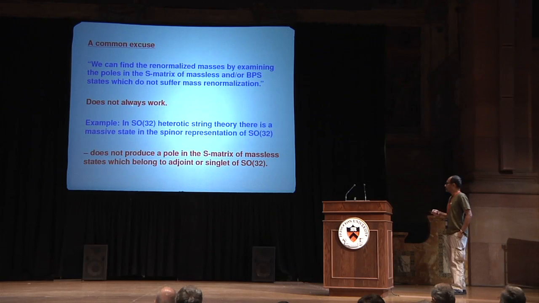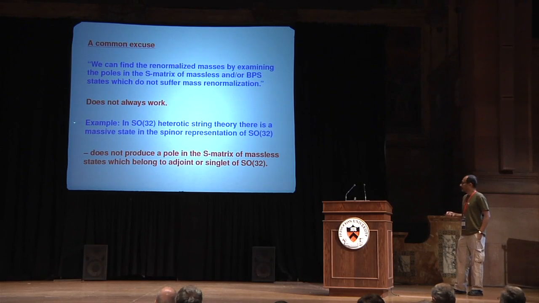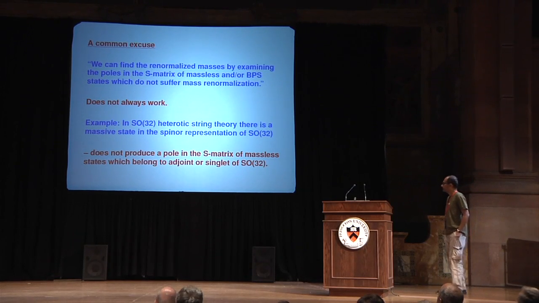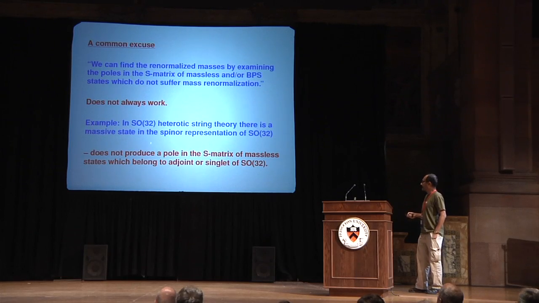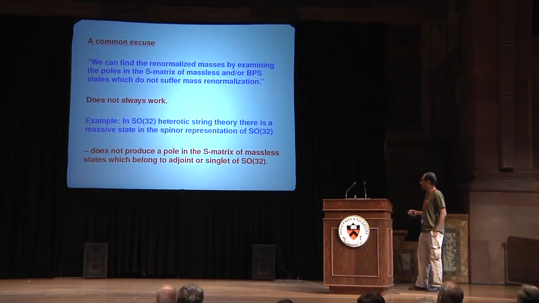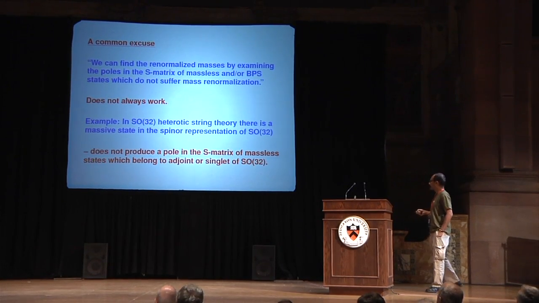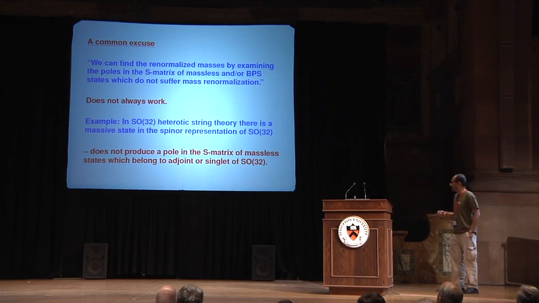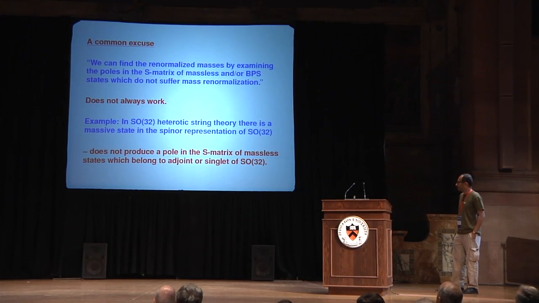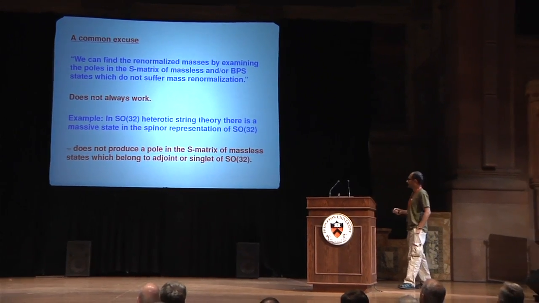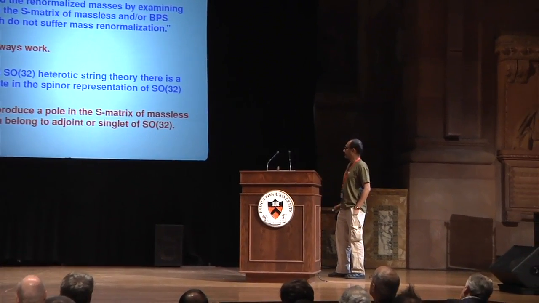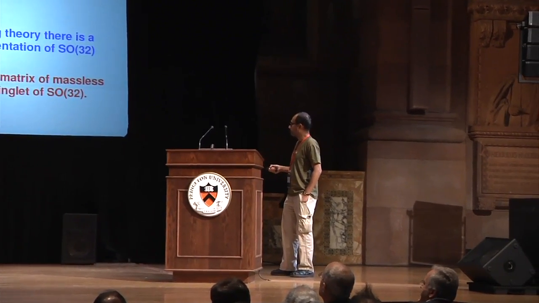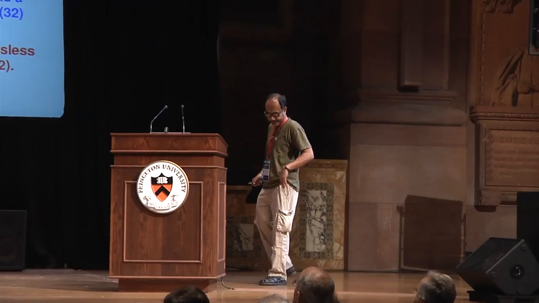This, however, does not always work, and a simple example of this is SO(32) heterotic string theory, where there is a massive state in the spinor representation of SO(32), and this state does not produce a pole in the S matrix of massless states, because massless states in this theory belong to either adjoint or singlet of SO(32). So you cannot determine the mass of the spinor state of SO(32) by simply examining the poles in the S matrix elements of the massless states.